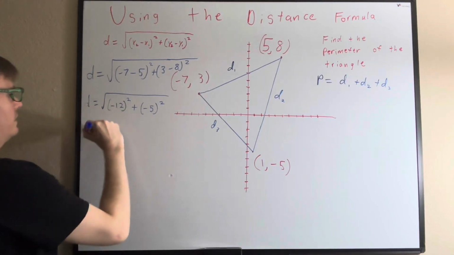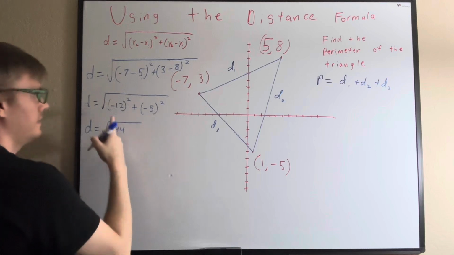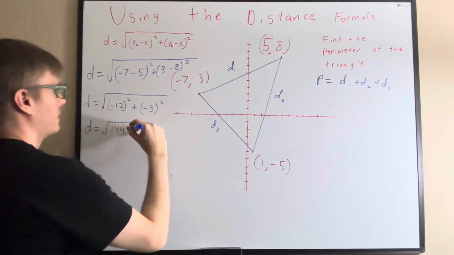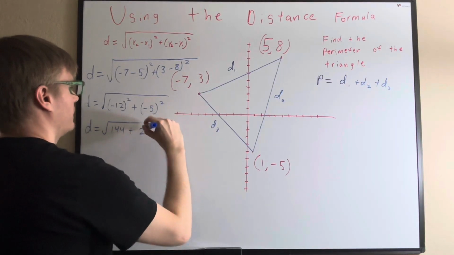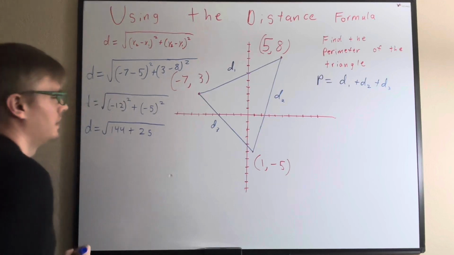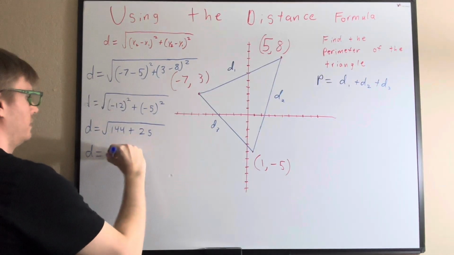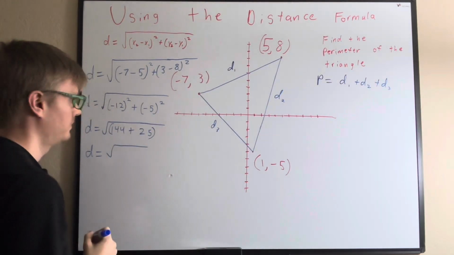What's 12 squared? 144. And it's negative. Negative times a negative is positive. Same with this. 5 squared is 25. 144 plus 25. Got to do that first before you take the square root.